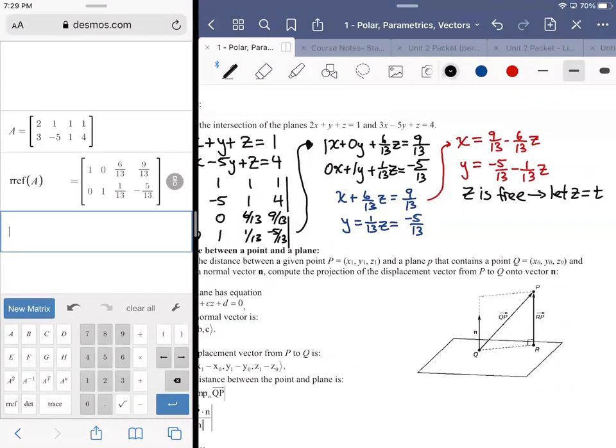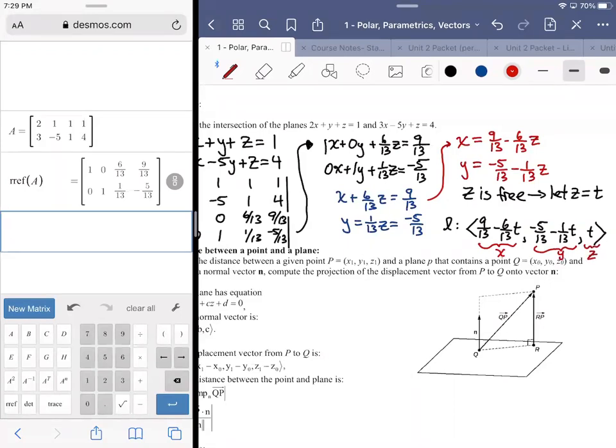I'll call it line L: 9/13ths minus 6/13ths t, comma, negative 5/13ths minus 1/13th t, comma, t. So again, the x, the y, and the z.